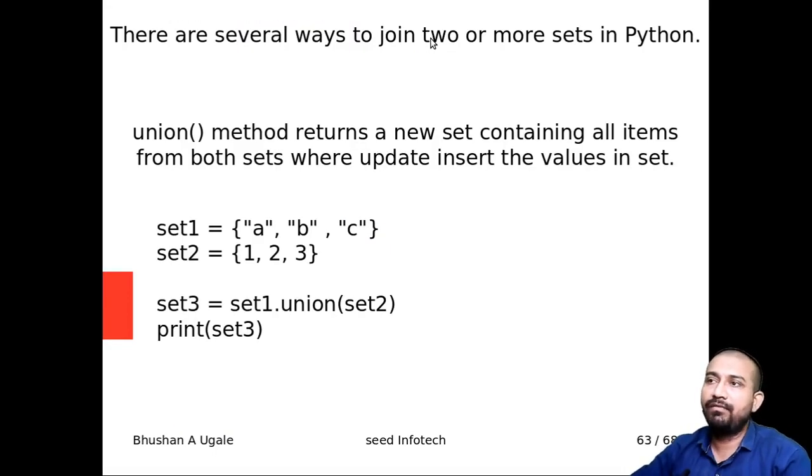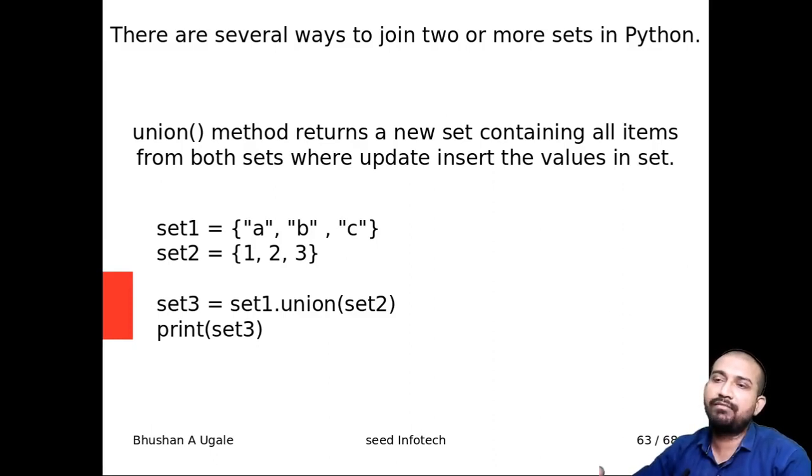There are several ways to join two or more sets in Python, because we already learned set theory in our school days, and we know there are so many functions we can use with the set. Union we know very well: the union method returns a new set containing all the elements from both sets, whereas update inserts the values into a set.